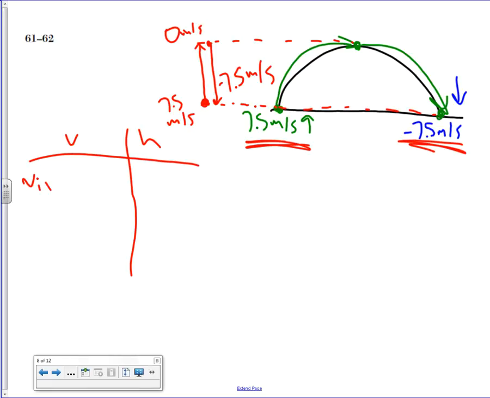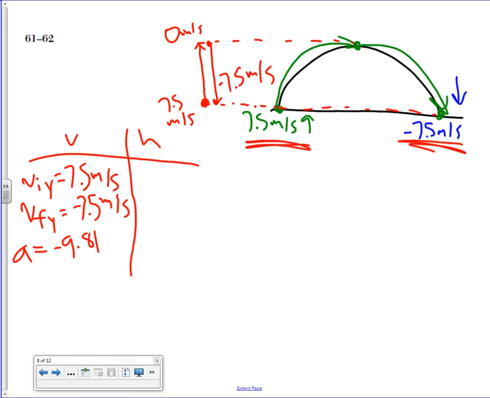VIY equals 7.5 meters per second. VFY equals negative 7.5 meters per second. We know that our acceleration due to gravity is 9.81 meters per second squared. And we're looking at the time. We're going to actually use that same equation.